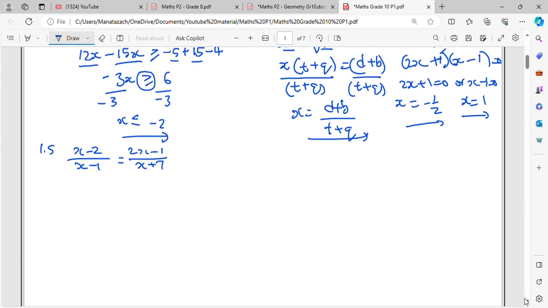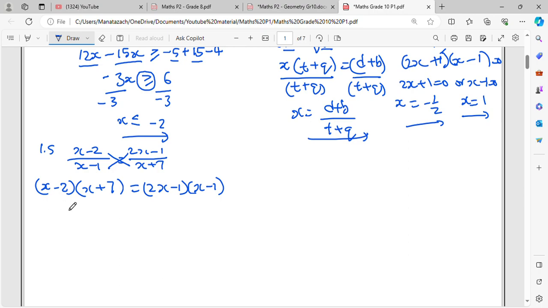So we'll first start by cross multiplying. So I'll cross multiply like this. When you do so, on the left hand side, we'll be left with x minus 2 times x plus 7. Then on the right hand side, 2x minus 1. Then here we'll have x minus 1.